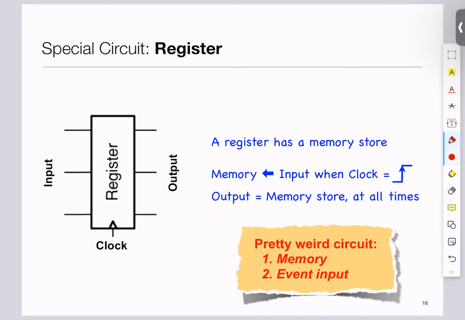But in an abstract way, you can think of it as having some input signals and some output signals, the same number of bits. In this case, I'm showing 3 bits of input and 3 bits of output, and memory is updated when the clock ticks. Very commonly we consider the clock ticking when there is an edge in the signal.